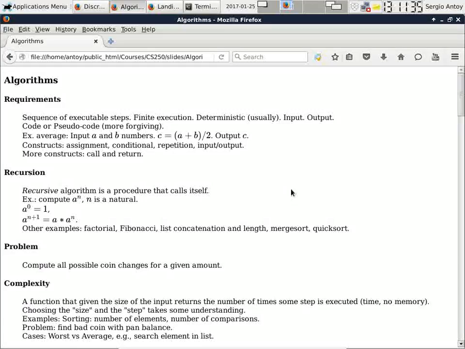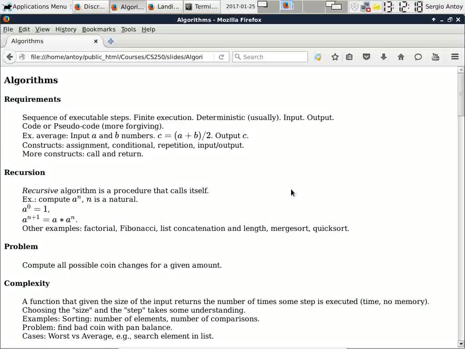We can do this with other structures rather than the natural numbers. And I want to make a couple of examples. Suppose that we want to concatenate strings, right? Like sequences. So here I have the sequence A, B, C, and D, E, F, and I want to compute A, B, C, D, E, F. I stop putting the quotes because the only thing I'm doing is with a string, right?